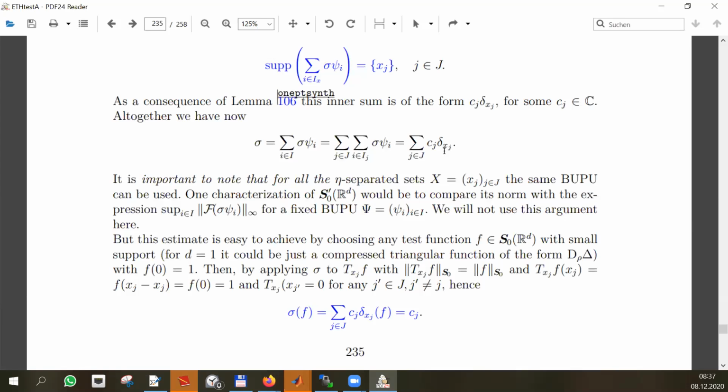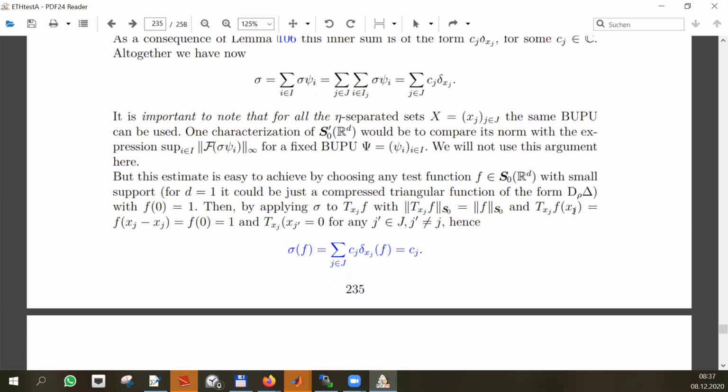You're just testing this distribution on a set of functions which are in the S0 space and which have the value 1 at those points. So how can I do it? We are starting with the triangular function. That's now one of the last expressions here, delta. We compress it. We get a narrow triangular function, and of course we make it so narrow that the support is at most delta.